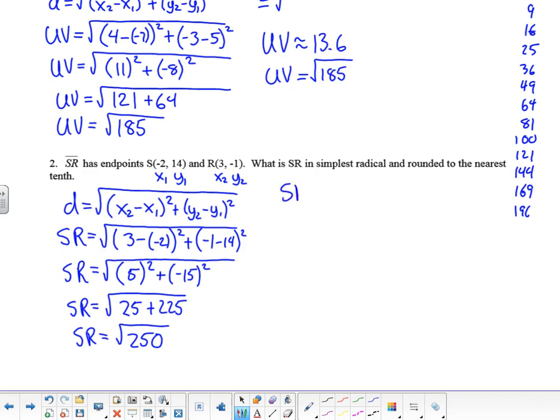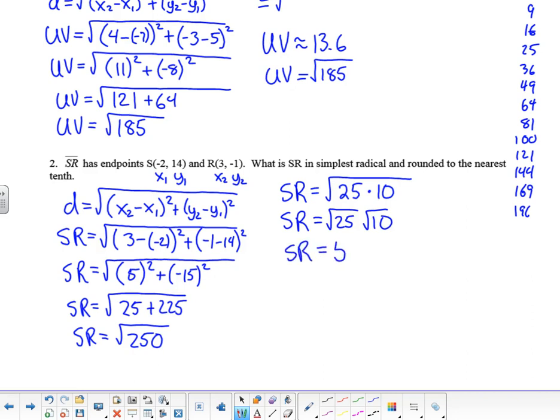Okay, so this one is going to simplify, and we could rewrite 250 as 25 times 10. And so we could rewrite that as the square root of 25 times the square root of 10. The square root of 25 is 5, so we get 5 times the square root of 10.